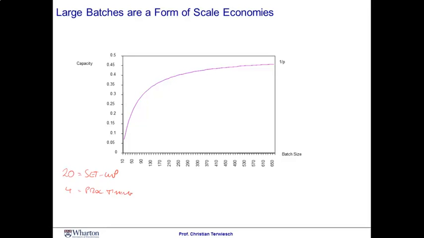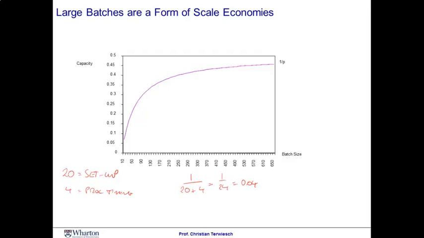Now ask yourself, what's the capacity if we just make 1 unit? Well, if we make 1 unit, we're going to get 1 unit, and it will take us 20 minutes of setup plus 4 minutes of production. That is roughly 1 divided by 24, which is equal to 0.04 and a little bit.